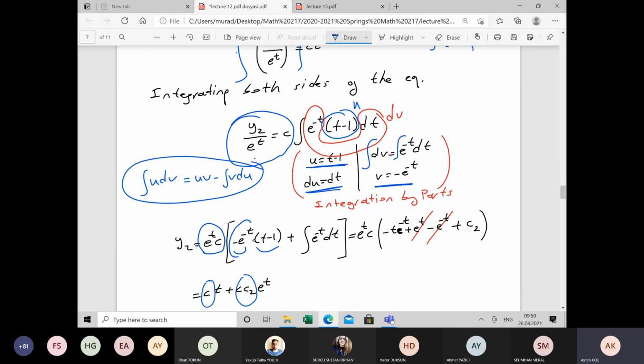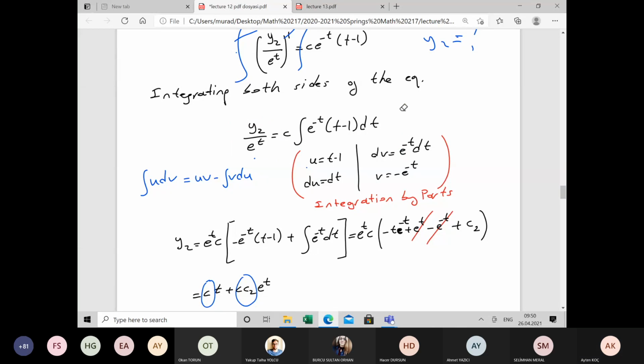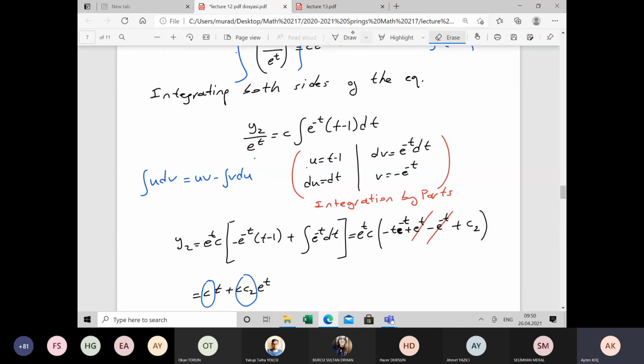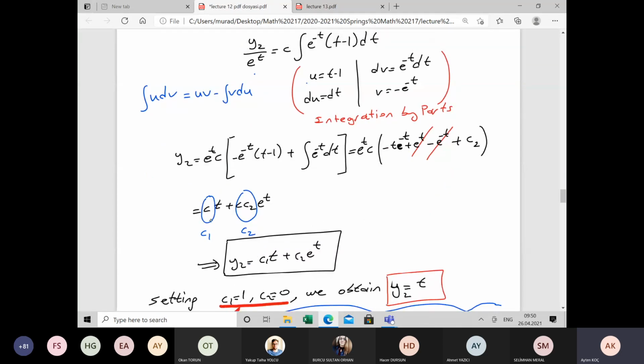Rewrite this, and we obtain y sub 2. C is a constant, and c times c2 is also a constant. This product is a constant, denoted by C2. So we obtain y sub 2, this one.